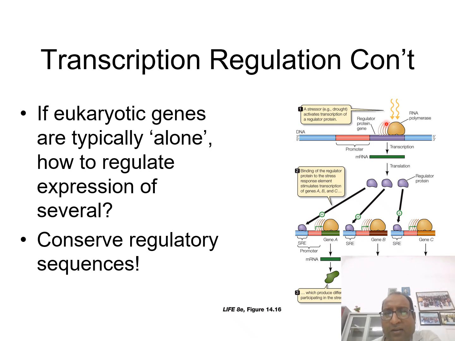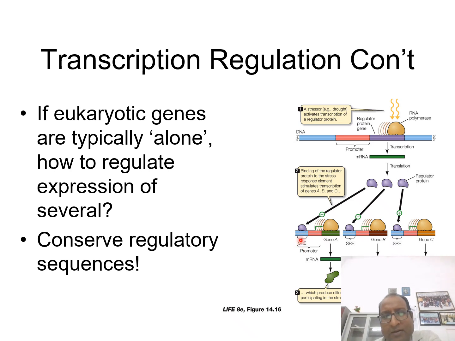This RNA polymerase can be affected by an external signal, such as an infection or drought, which activates transcription of a regulator protein. And this regulator protein, the master regulator protein, may act to control different genes which may be involved in the same process. See, this is the regulatory protein getting synthesized here. This regulatory protein is like the SRE, stress response element.